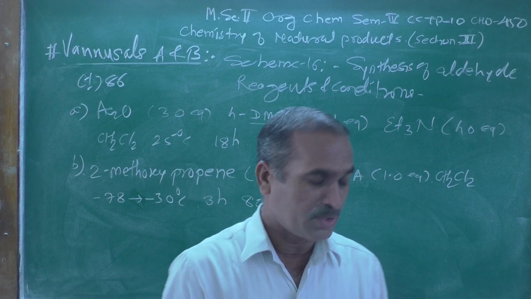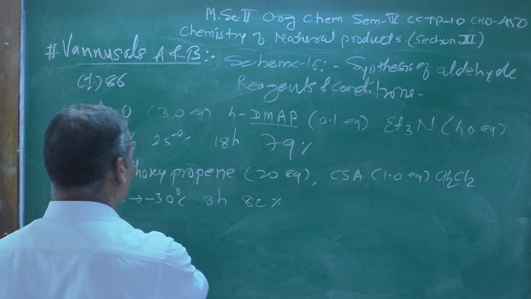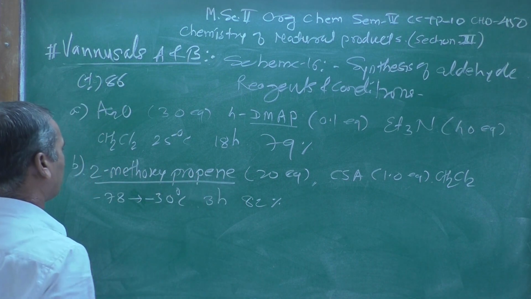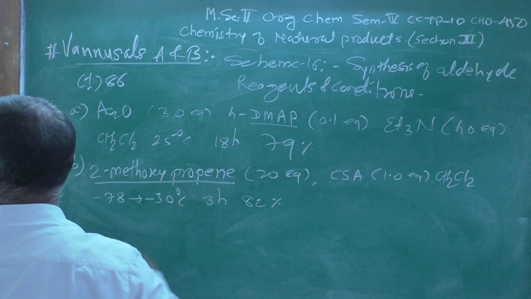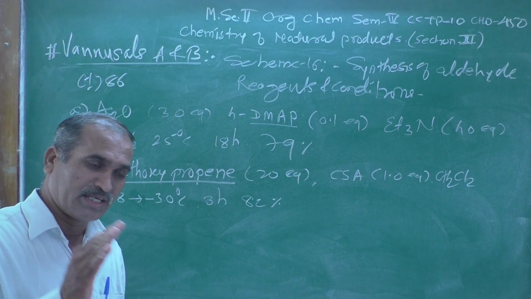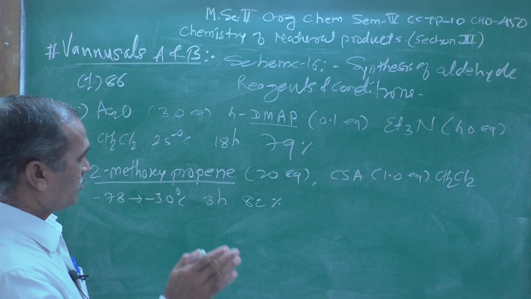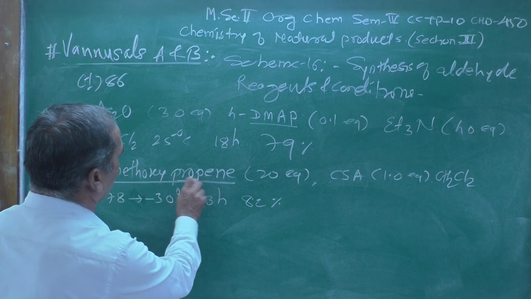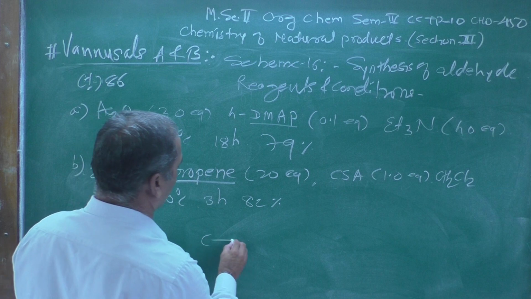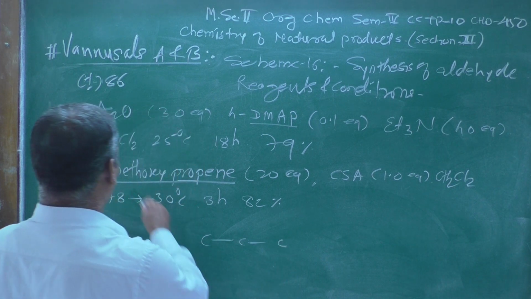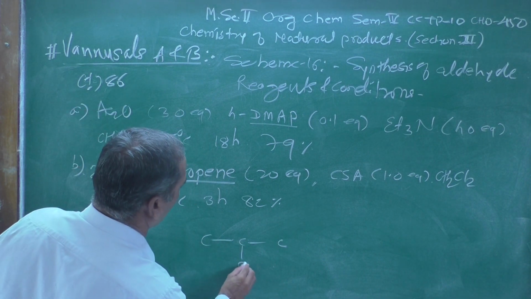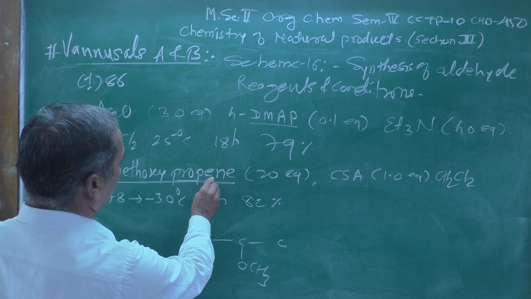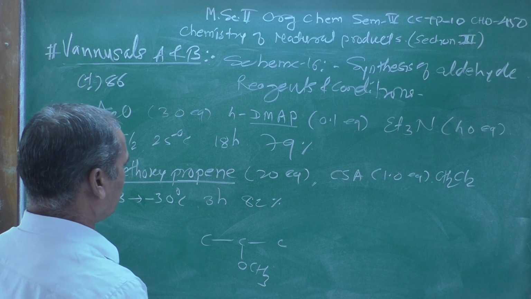So now here, 2-methoxypropene, as everybody knows, is the IUPAC name, and from the IUPAC name we can easily draw the structure. Prop indicates 3 carbon atoms in a straight chain. At the 2 position there will be a methoxy group, and the double bond is present in that.